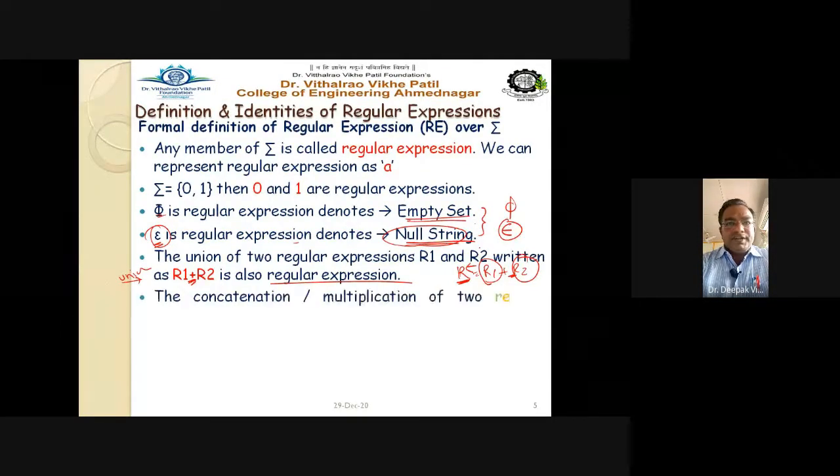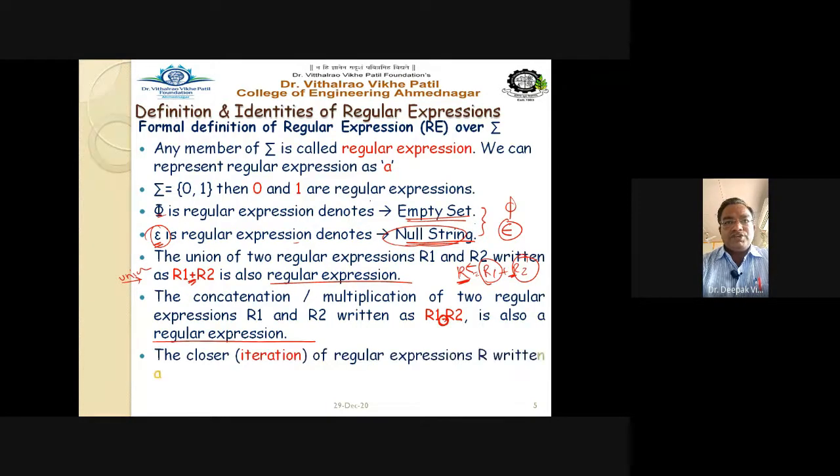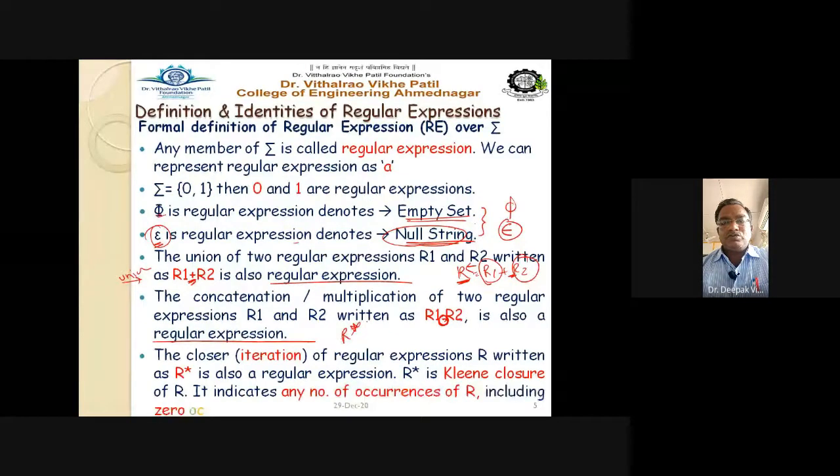The concatenation or multiplication is represented by the dot symbol here. So R1 dot R2 is also a regular expression. Then closure or iteration. Closure means R star, R*, this is nothing but the closure property.